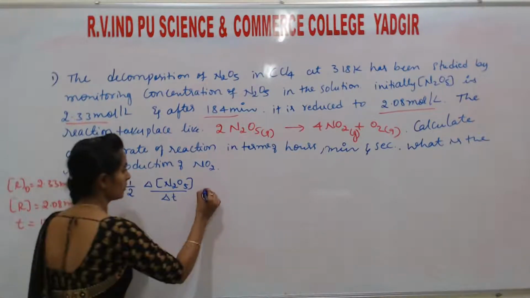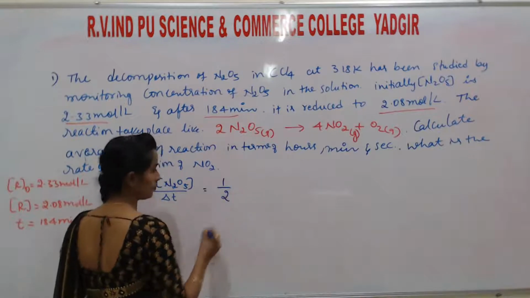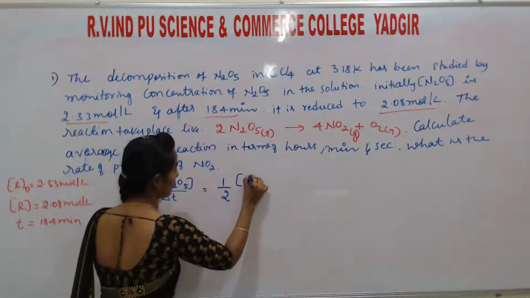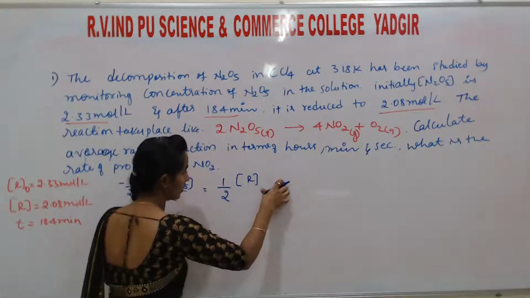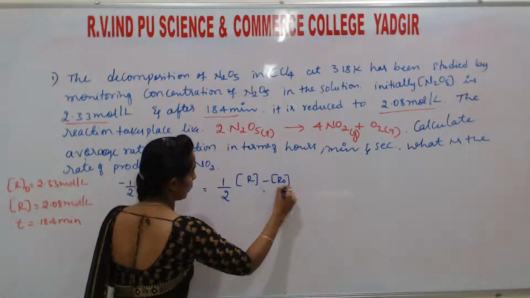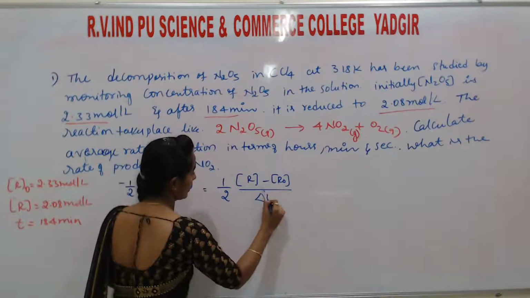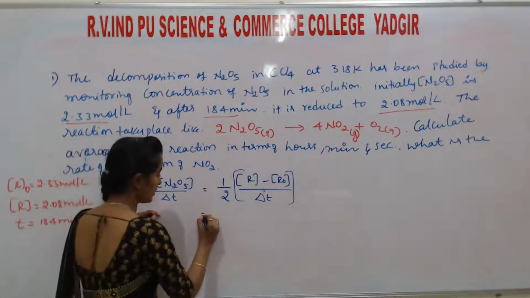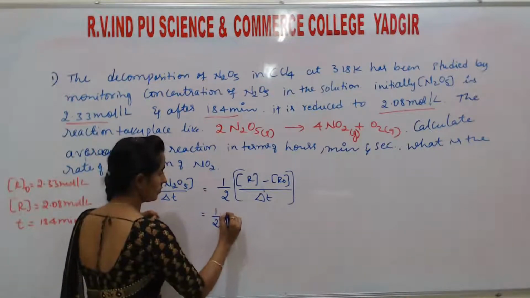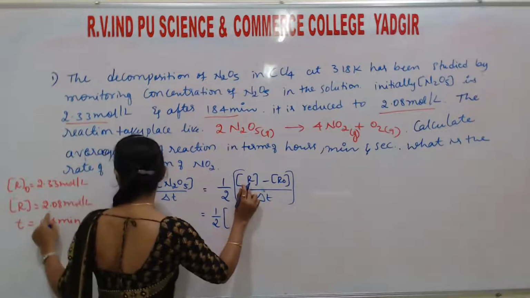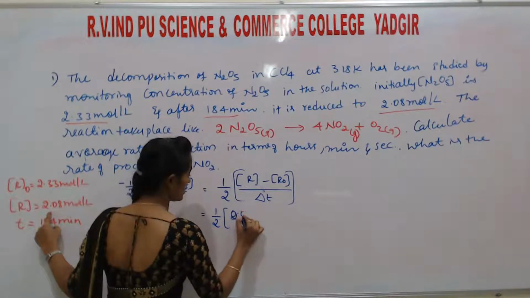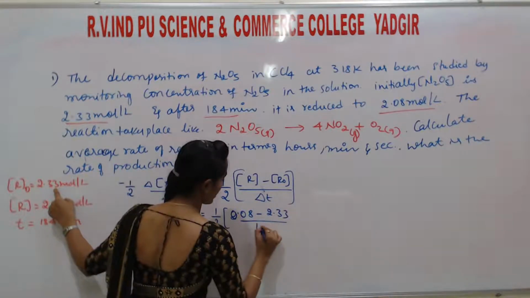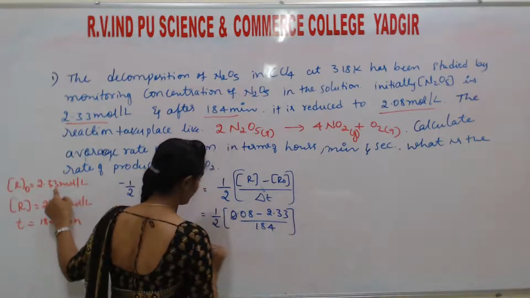Then we will get 1 by 2, R minus R naught divided by delta T. Correct? So that is equal to 1 by 2, R means 2.08, R naught means 2.33, divided by 184.